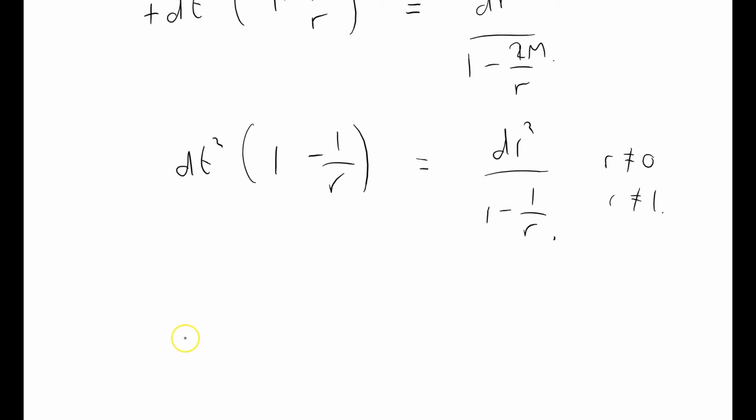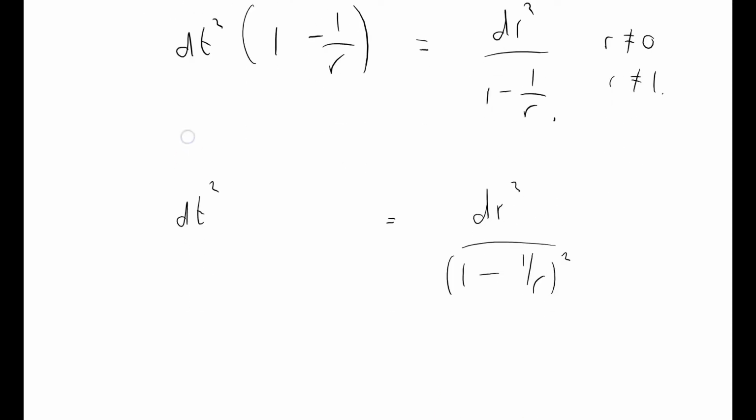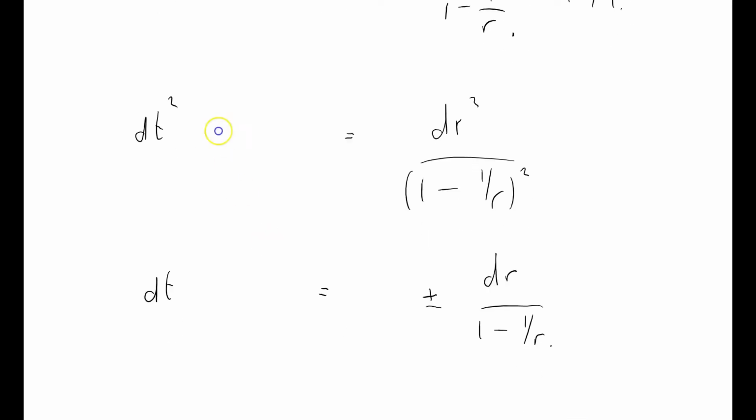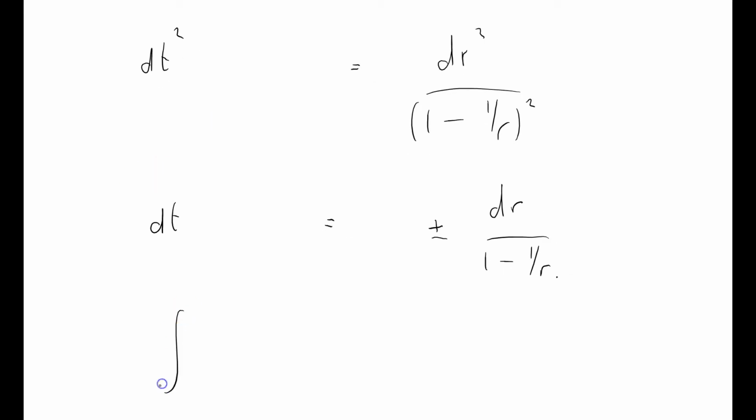So that tells me that dt squared equals dr squared over 1 minus 1 over r all squared. Are we in control here? Yeah, I can just take this bracket down there. So that tells me that dt equals, and now we've got to be a little tiny bit careful, plus or minus dr over 1 minus 1 over r. Alright, so we can integrate it.